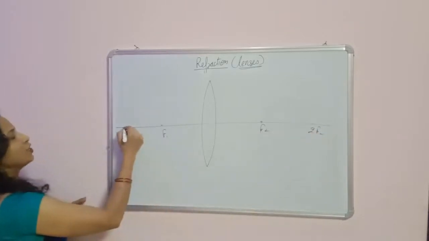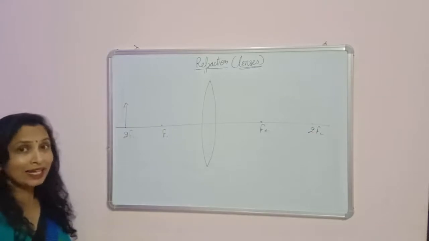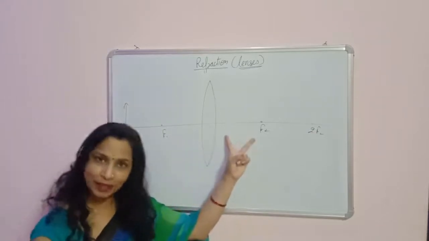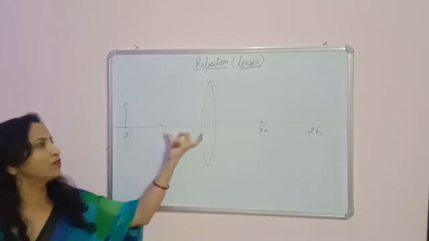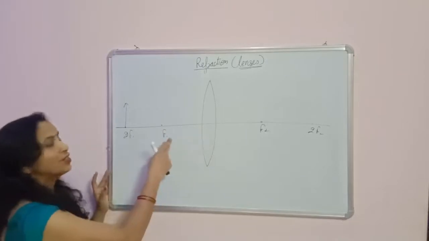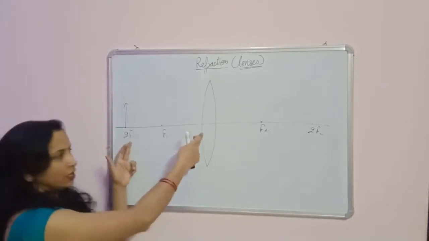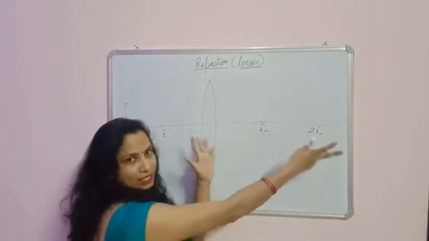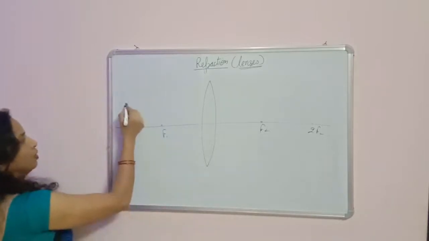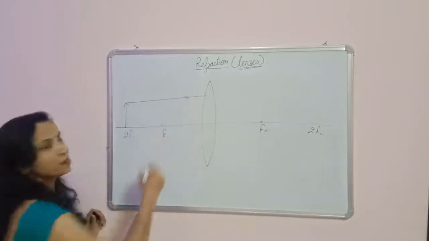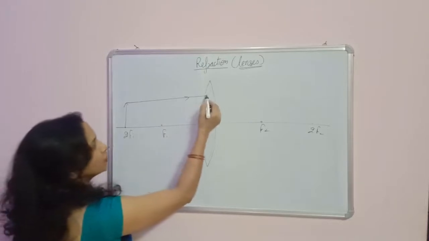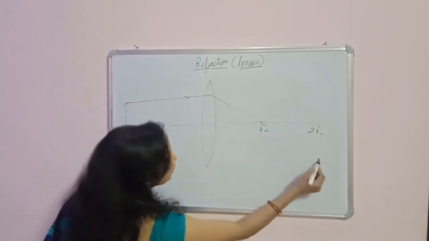So now we are placing the object at 2f. Again the distances should be equal and this should be double of this one. Suppose we take 3 cm, it will be 6. It should be 3 and it should be 6. The first ray, coming parallel to the principal axis, will pass through the principal focus.